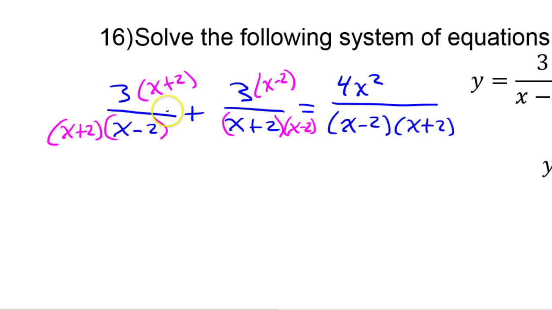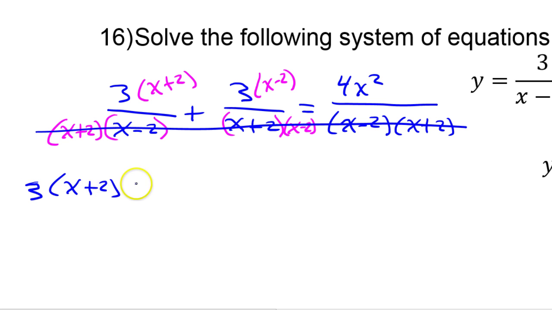Once you have like denominators, when you're solving an equation, you can cancel the denominators out and just leave the numerator. So I will have 3 times x plus 2 plus 3 times x minus 2 equals 4x squared.